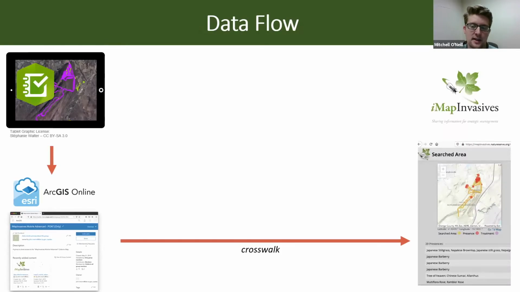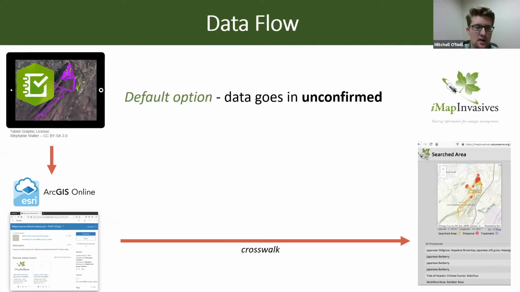And from there, it gets crosswalked into the iMapInvasives database. There are really two main ways for this to happen. The default option is that once you upload your record, it'll be in the next batch to go into iMapInvasives. It'll just go straight into the database as unconfirmed.